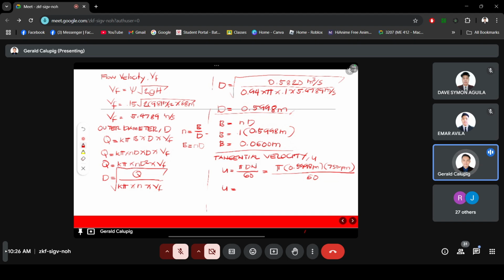We can have here 23.5541 meter per second. Since we already have the value of U, we can also have the value of our whirl velocity.